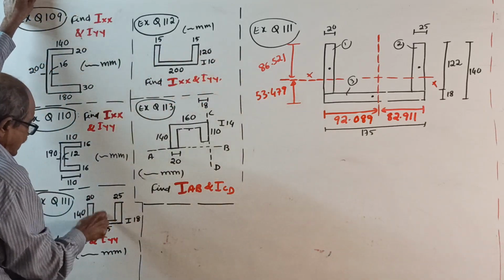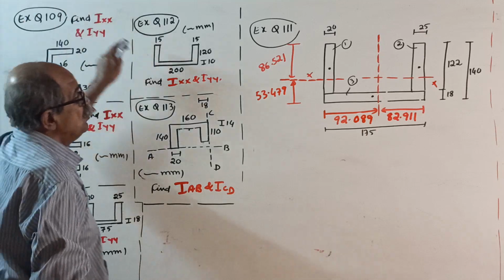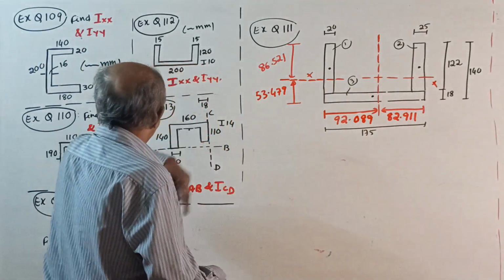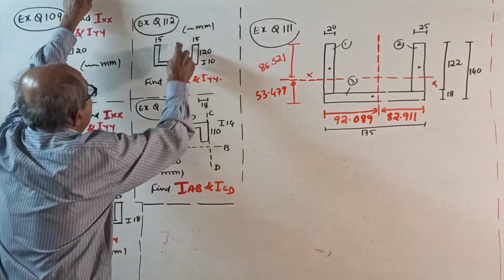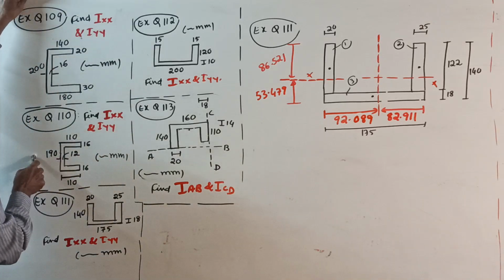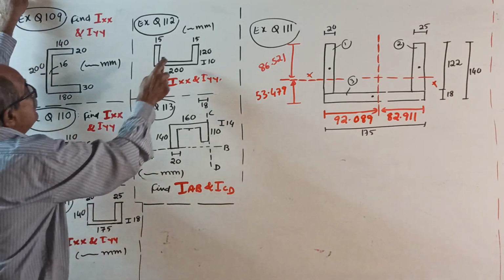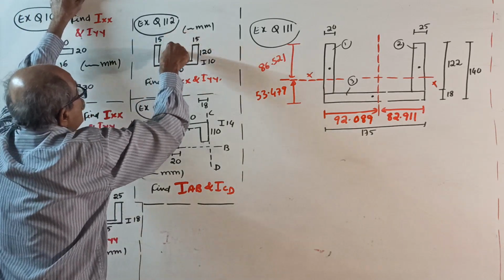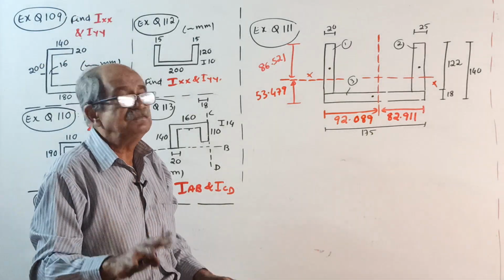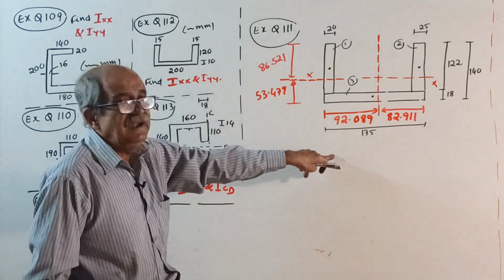See this question, symmetry is not there, so XX and YY both you have to locate. But next question, 112, is symmetrical about XX, so YY you have to locate. This question is symmetrical about YY, so XX you have to locate. So I won't tell next time. Directly I will write the answer here.